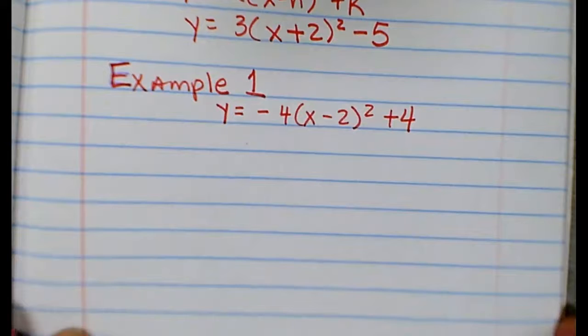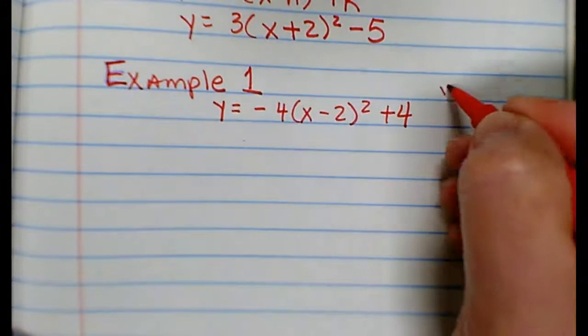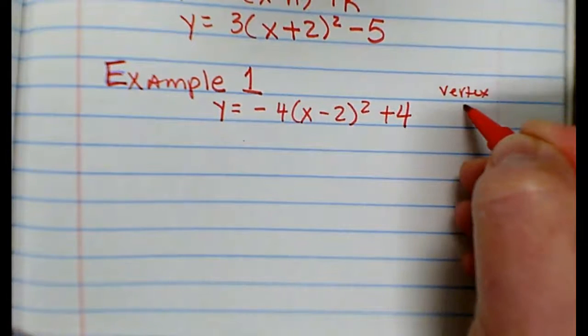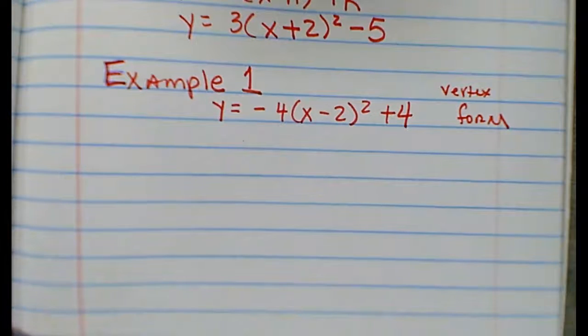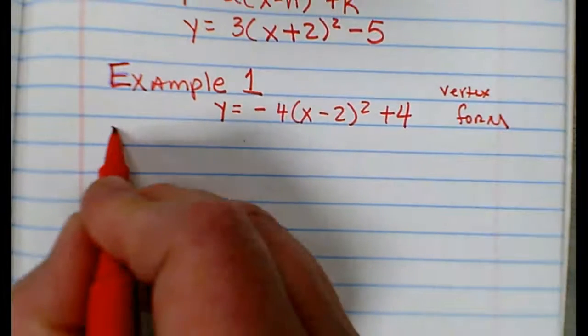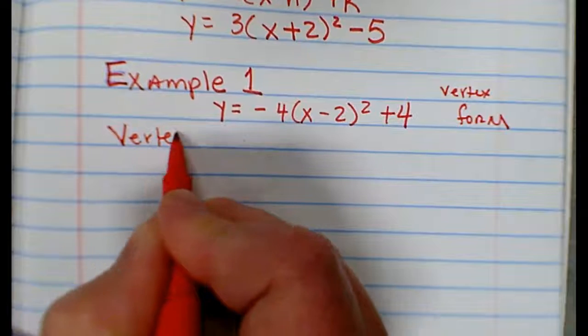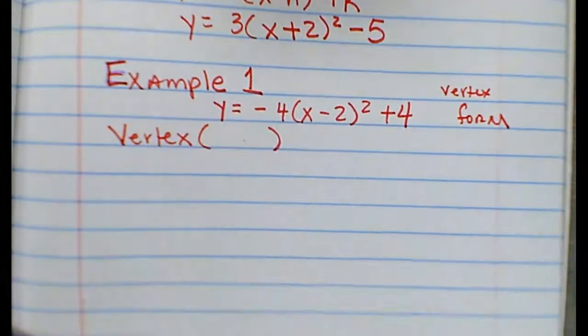So what form is that? This is vertex form. And it should be very easy for you to tell me from vertex form, what's the vertex?